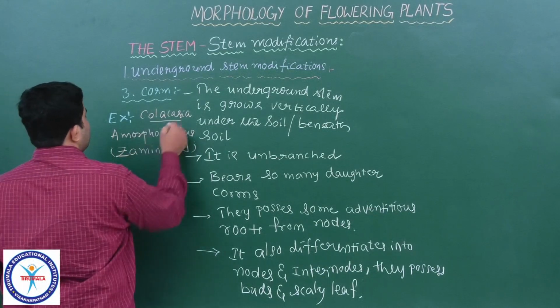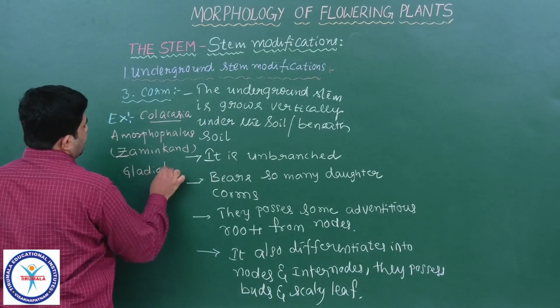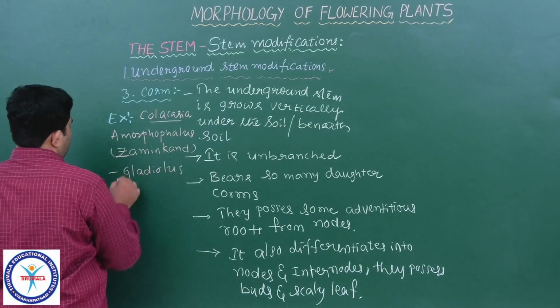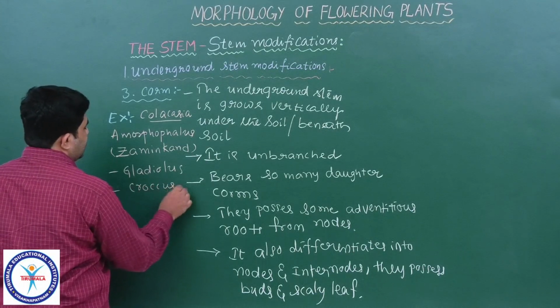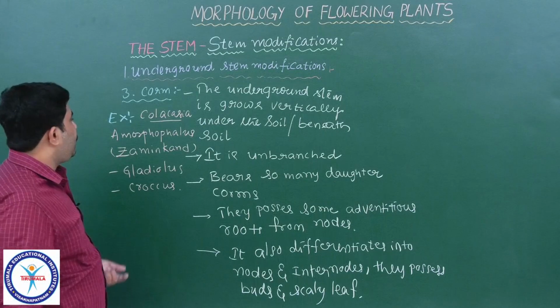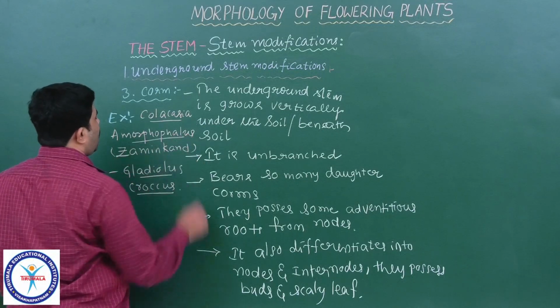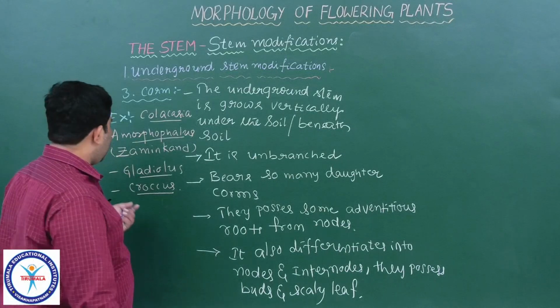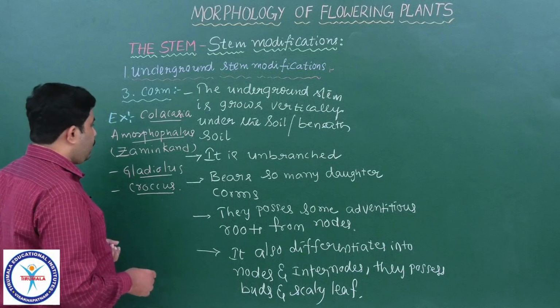Amorphophallus, Colocasia, Gladiolus, and Crocus: all these are the different plants where we see a type of underground stem modification called corms. Now you better draw the structure of corm in Colocasia, how it is.